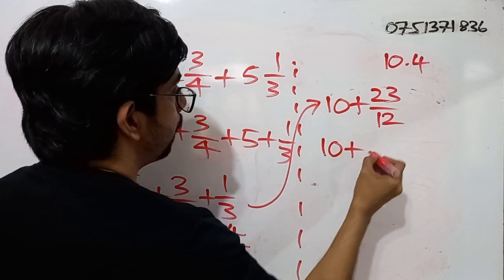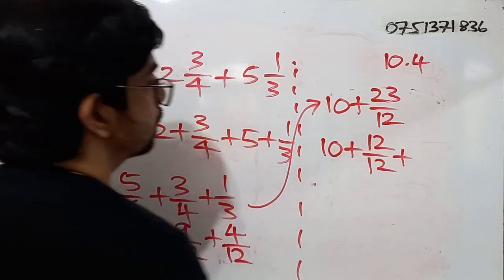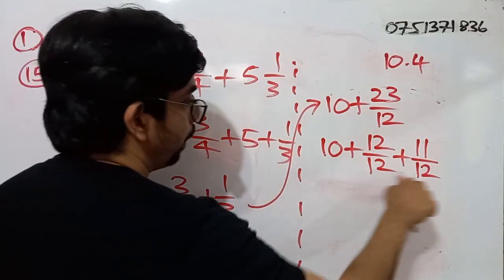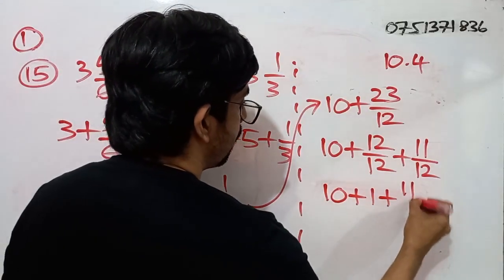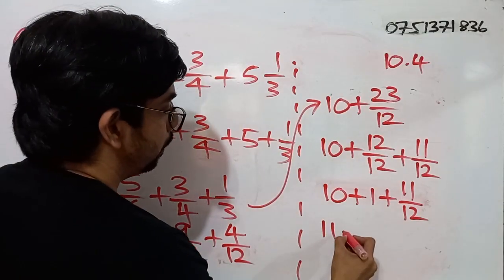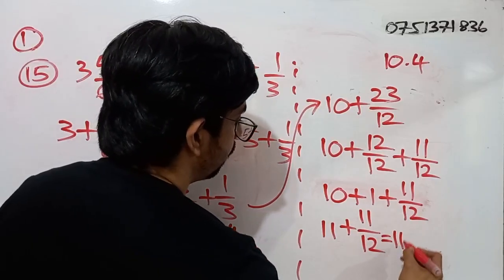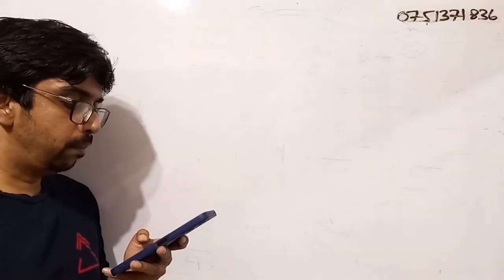So I can write 10 plus 12 by 12 plus 11 by 12, no? So I can rewrite this expression as what? 10 plus 1 plus 11 by 12. 10 plus 1, what is that? 11. 11 plus 11 by 12, what is that? 11 and 11 by 12. That's the answer.